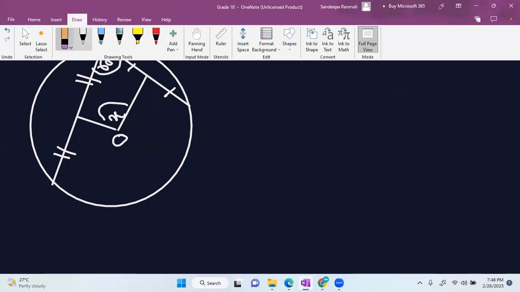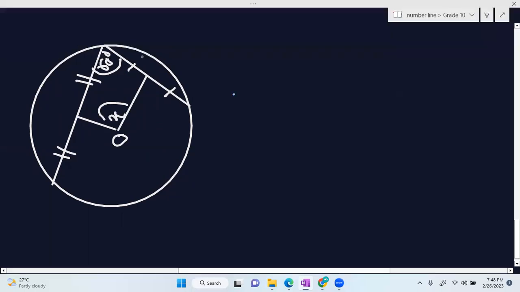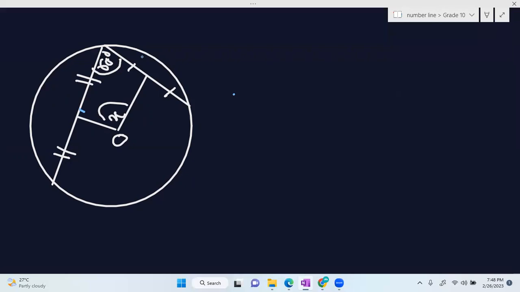The result is 90 degrees. What can we say? A 90 degree angle is formed here. They have given us that the two straight line segments are equal. Therefore we can say that the straight line segment drawn from the center to the midpoint of the chord is perpendicular to the chord.